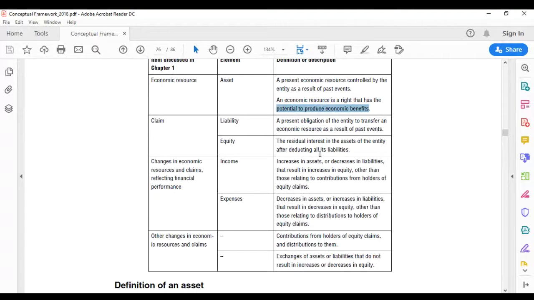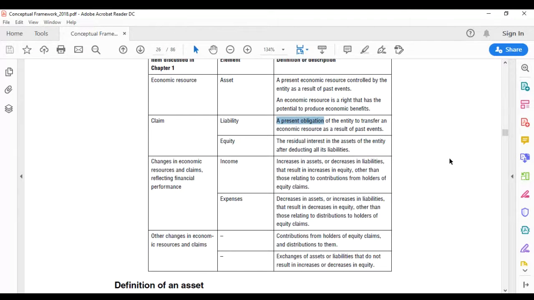Then a liability. What is a liability defined as? It is a present obligation. So it's an obligation now, a present obligation. An obligation in the future, sometimes we will see later on, not this week, next week probably. Sometimes a company commits itself to, let's say, capital expansion.